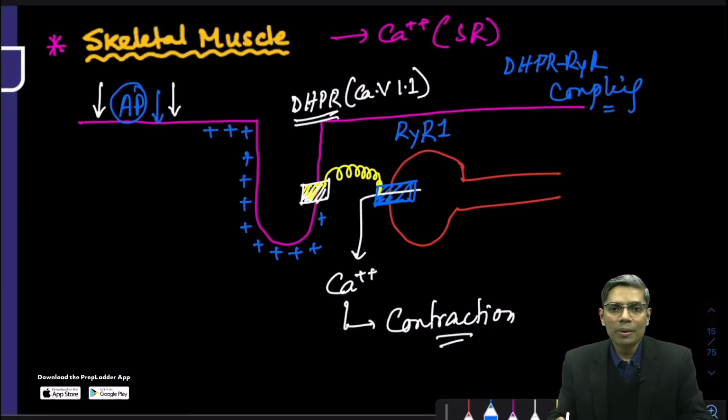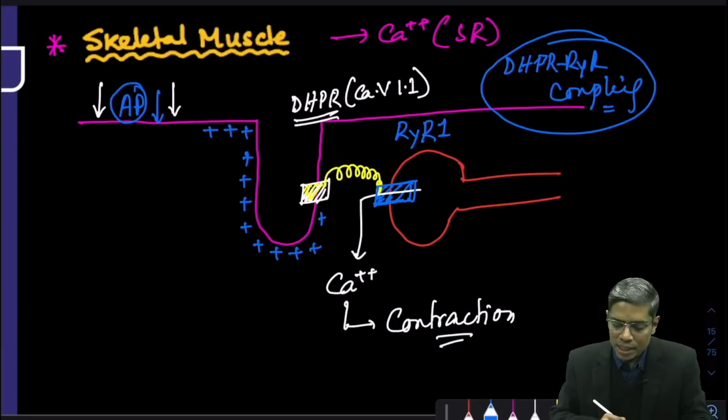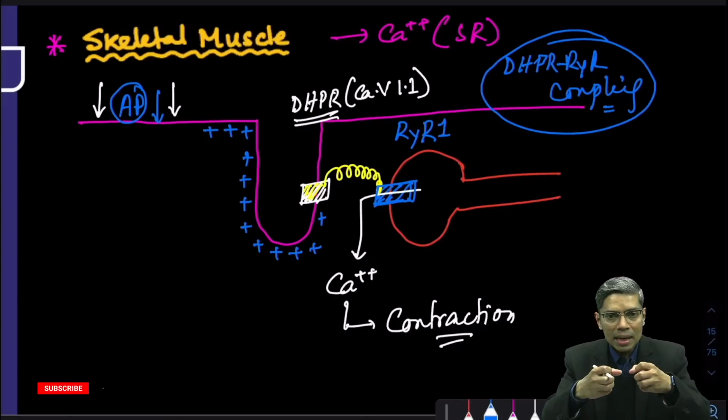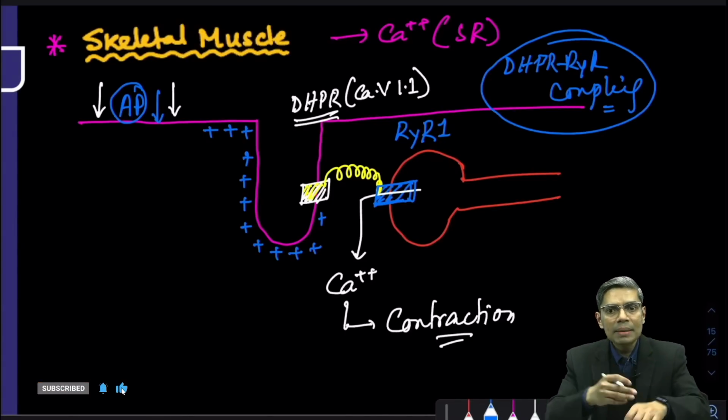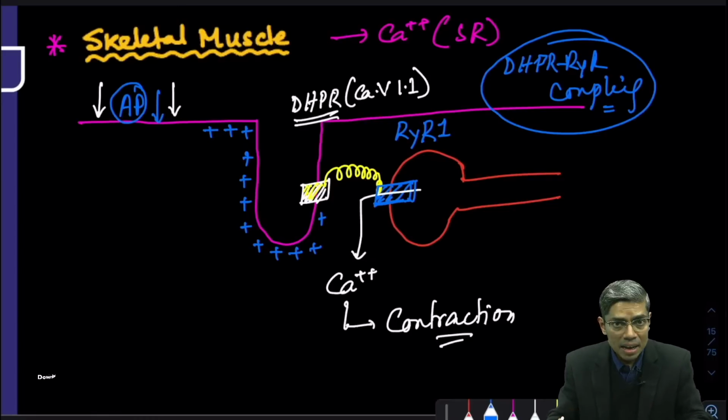This phenomenon where the DHPR and RYR are interacting with one another, what type of interaction is this? DHPR and RYR are coupled, but this coupling happens through physical, mechanical interaction.